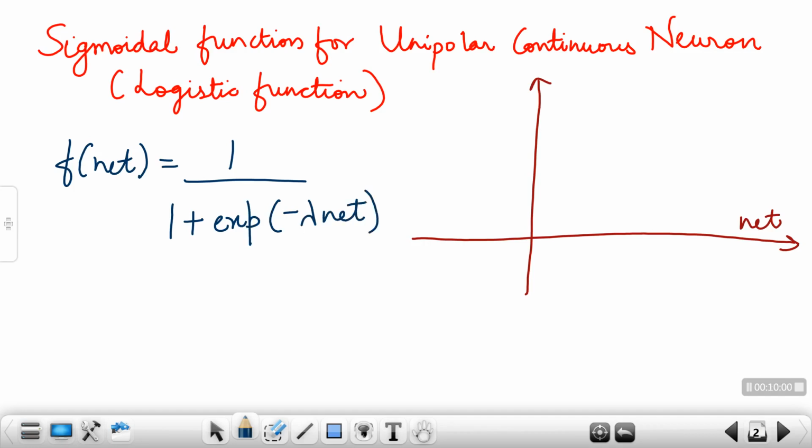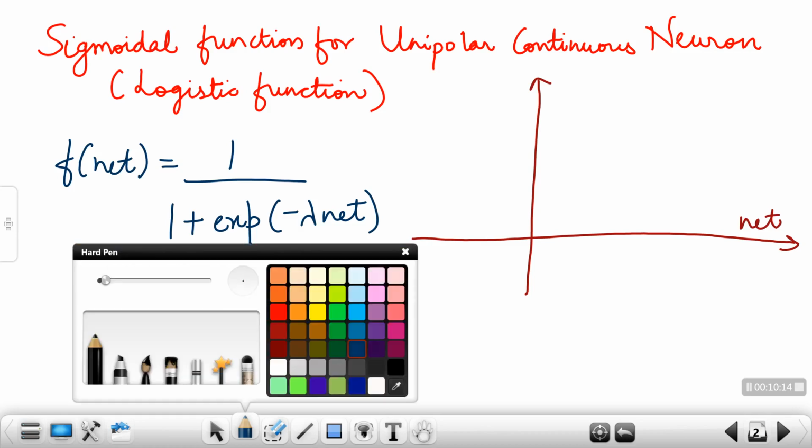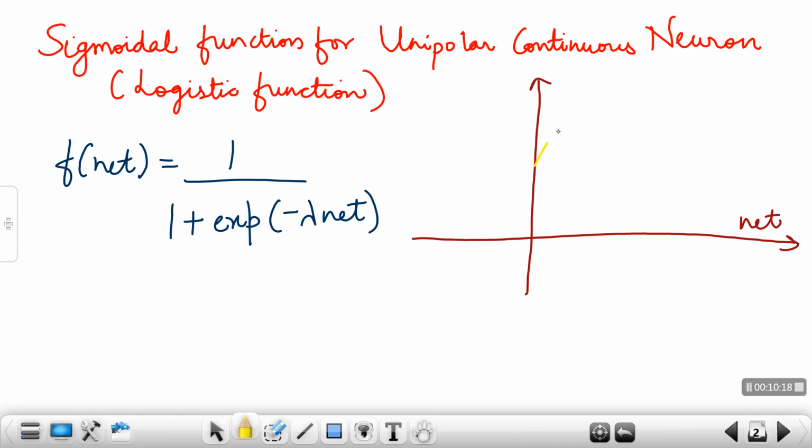Lambda is a constant which changes the slope of this particular function. If I draw this function, it will be somewhat like this.